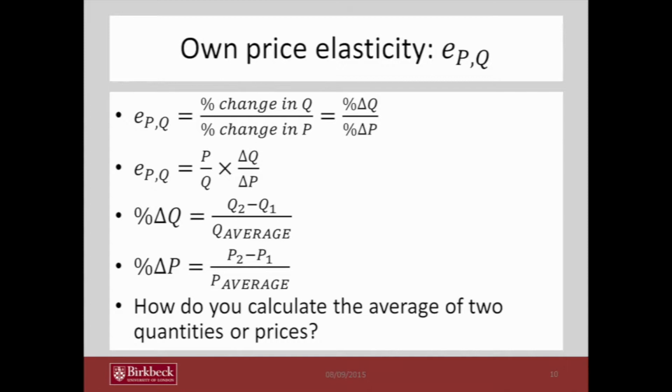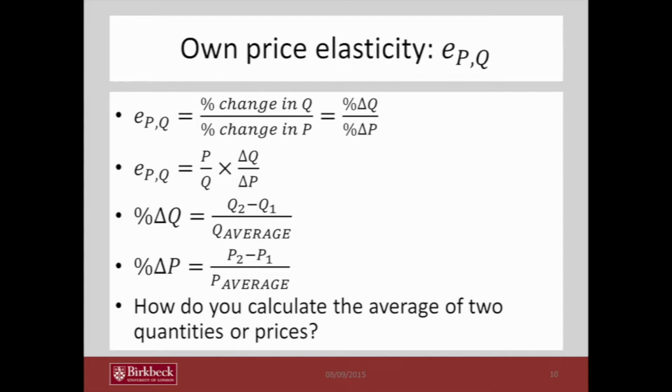And if you break out what the changes are, you will find that it can be rewritten in a slightly different format. So the EPQ can also be calculated by price over quantity times the change in quantity divided by the change in price. So depending on what information is given to you, you would use one formula or the other.